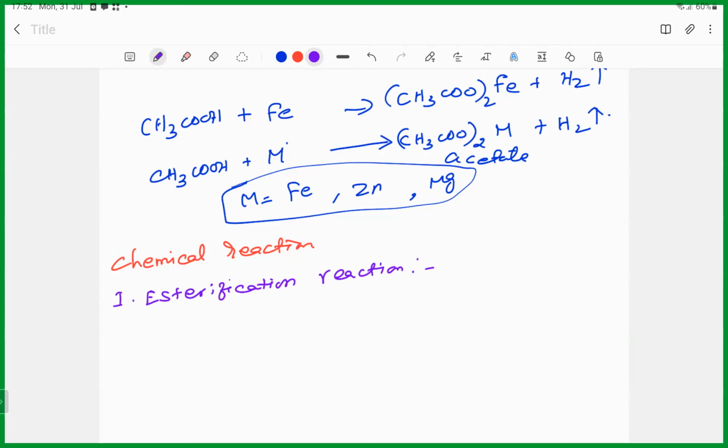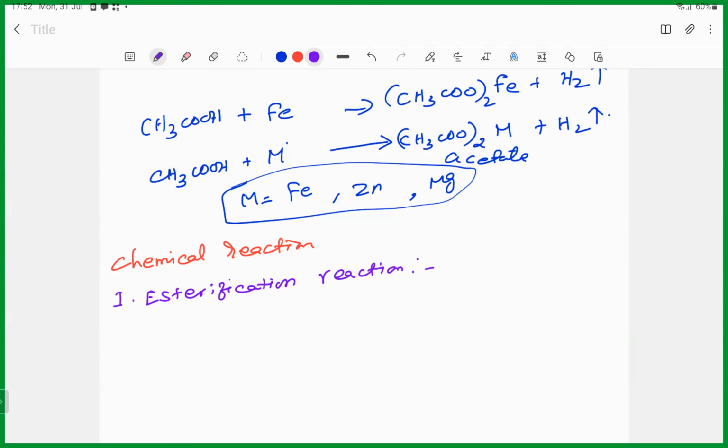Further reduction may give alcohol. The alcohol may be primary, secondary, tertiary. So you can convert one functional group into another by suitable reactions. That is known as functional group interconversion.